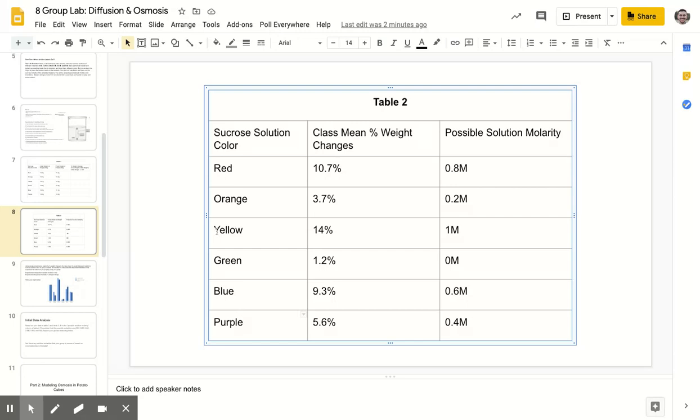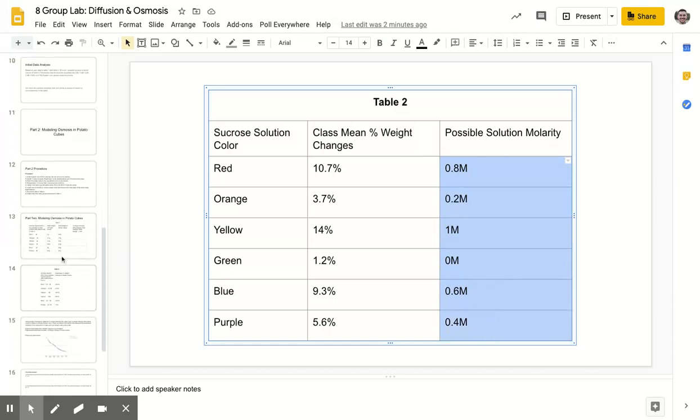In this case, the yellow solution caused the dialysis bag to gain a 14% weight increase. Since that was the highest, we can match that with the highest possible solution molarity from the context, which was 1 molar. Then I went through decreasing percent weight changes and matched them with the next lowest solution molarities. From this, we can determine what our solution molarities are.